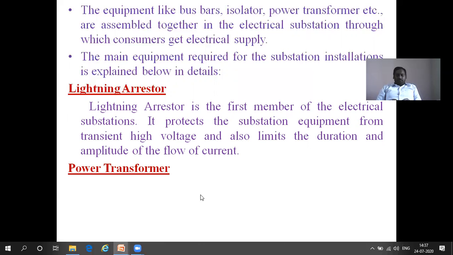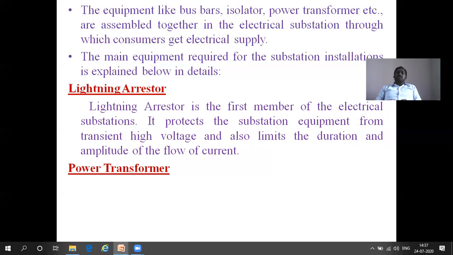Next, power transformers. Up to now in the distribution system we were discussing only the distribution transformer. Distribution transformer means the transformer used for secondary distribution, that means in between the feeder and a distributor.